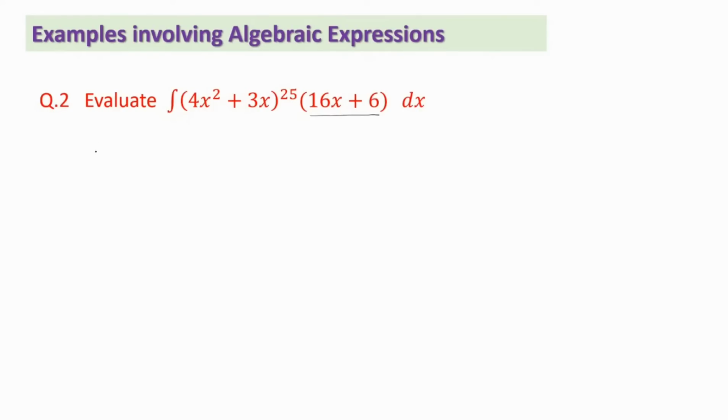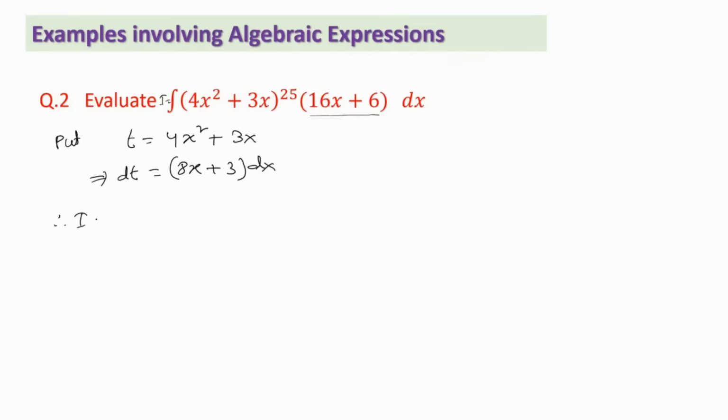So our first priority is to put t equal to 4x squared plus 3x. This implies dt is equal to (8x plus 3) dx. I denote this integral as I to simplify it.